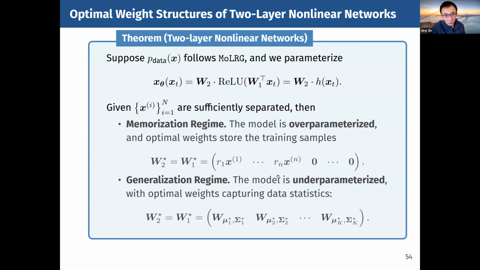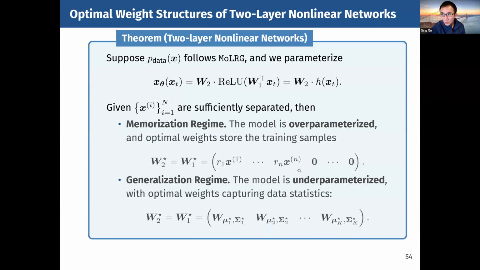And in contrast, when your model is generalizing, typically this is a case where your model is under-parameterized. And the optimal weights in comparison are learning the underlying data statistics. And in the Gaussian case, right, the weights will be learning the means and the covariances of your mixture Gaussian distribution. And this is how the model is generalizing. They learn the data statistics and then they are able to generalize, right? In the memorization regime, the weights will just be memorizing.